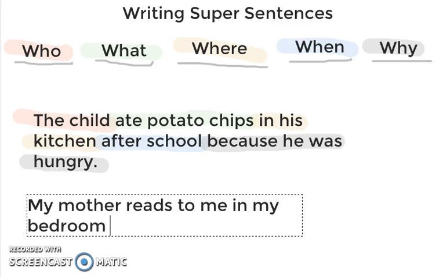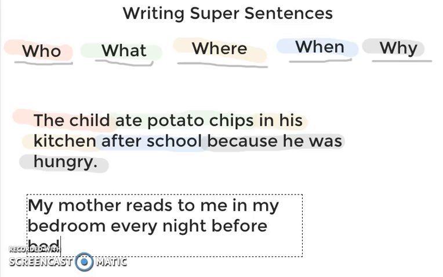And then I need a when. And typically, this happens at night for most children. It could happen during the day, but it does happen a lot at night. So I'm going to say, my mother reads to me in my bedroom, and I'm going to say, every night before bed to be a little bit more specific.